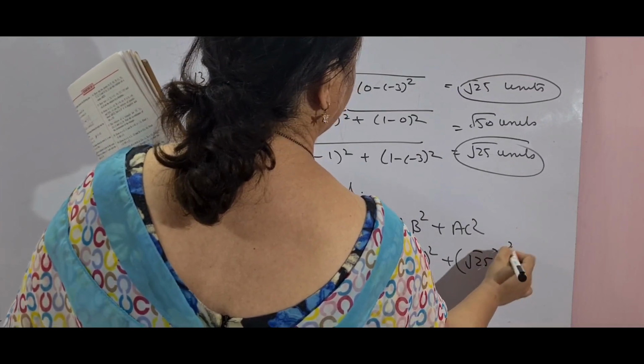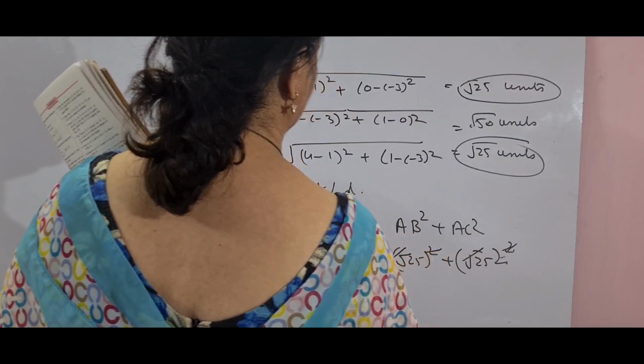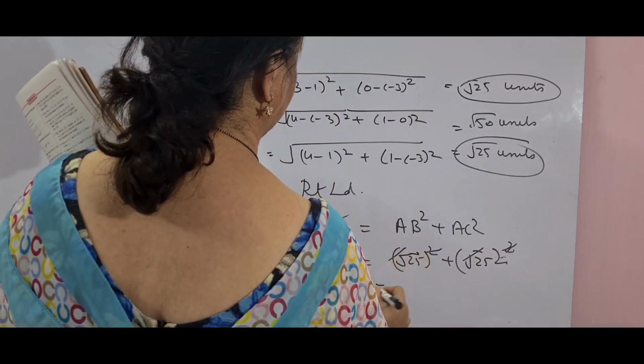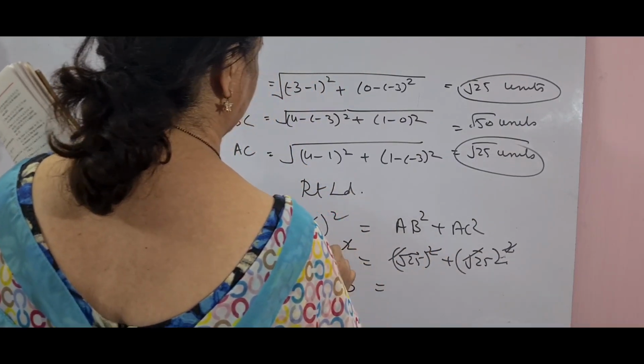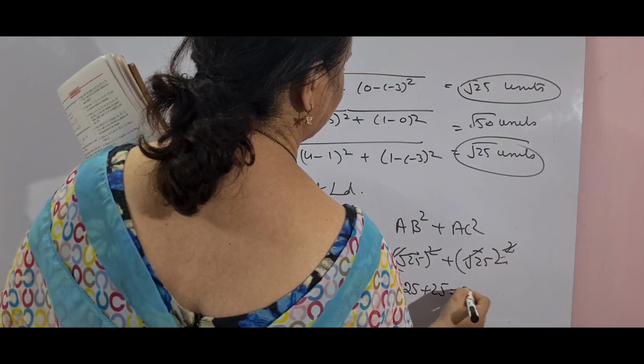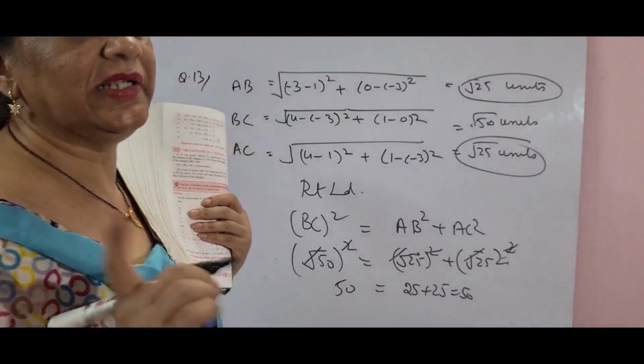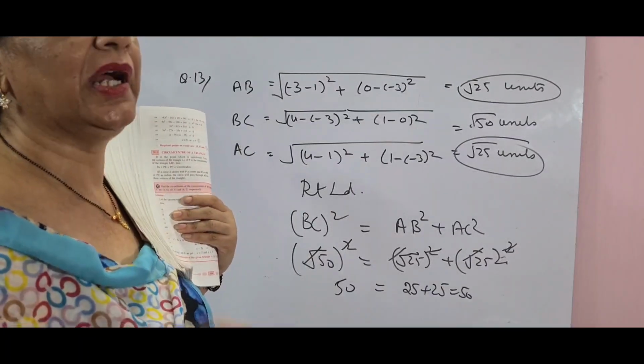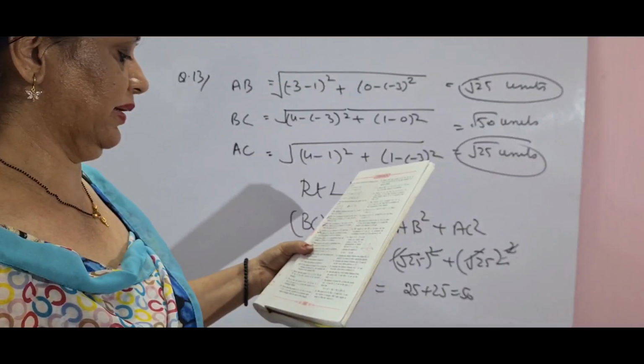So the square of the largest side is equal to the sum of the squares of the other two sides. It will become 50 because square and root cancel. 50 is equal to 25 plus 25. Left hand side is equal to right hand side. So children, yes, it is an isosceles right angled triangle.